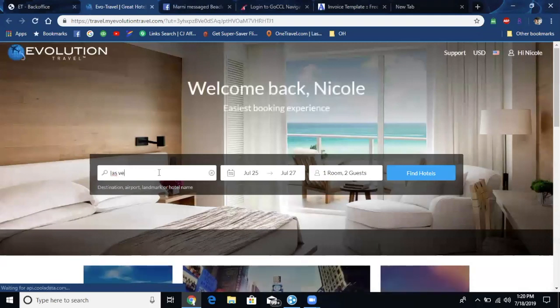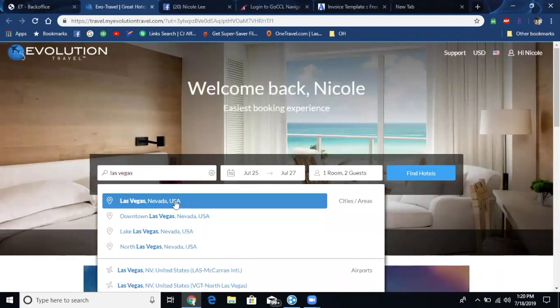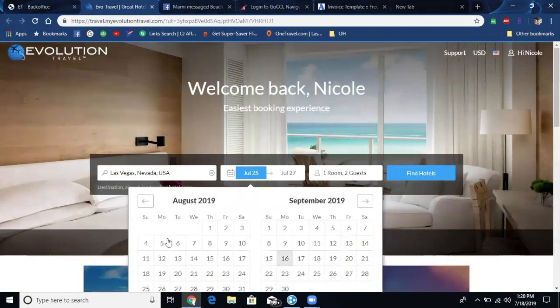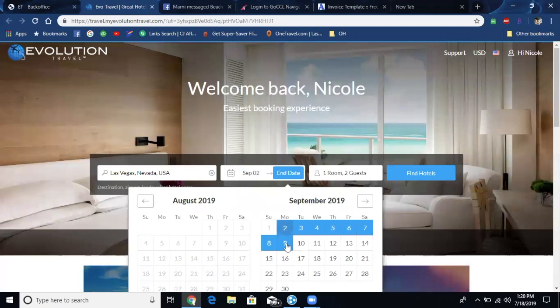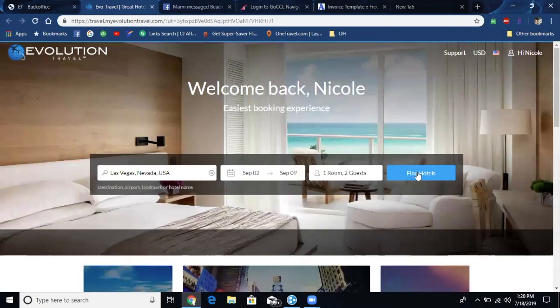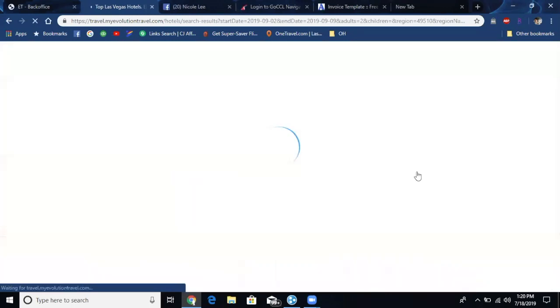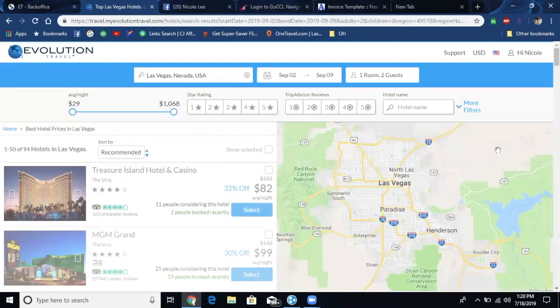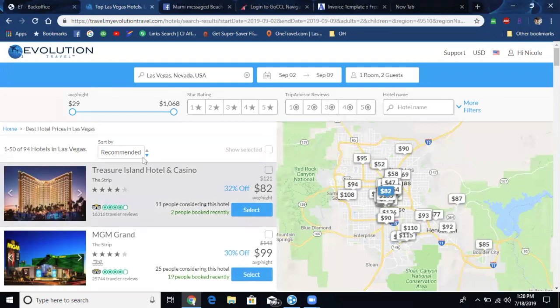Let's go to Las Vegas. That's where I am, so I'm comfortable there. And then we're gonna choose September 2nd to the 9th. We're gonna do a full week, 1 room, 2 guests. Go ahead and find hotels. This is really a great tool to use if your client really needs to save money and you need to make money up front, like immediately, okay?